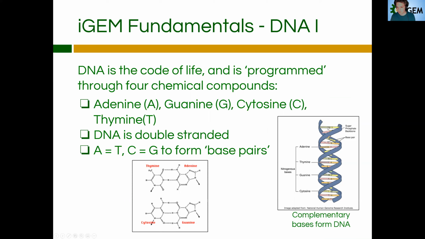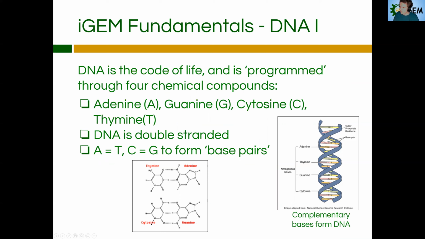Of note, these nucleotides G, C, A, T bond to each other in a specific way. Adenine bonds to thymine, cytosine bonds to guanine, and these form base pairs. Once you form a base pair, you can put these in any sort of sequence, and that can form sort of like data.